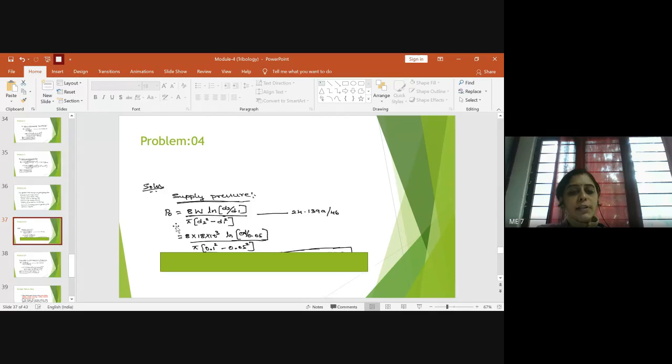So substitute the values of d2 and d1 in terms of meter, divided by pi into d2 value 0.1 whole square minus d1 value 0.05 whole square. Please substitute and let me know what value you get for the supply pressure. Solve quickly and let me know the answer.